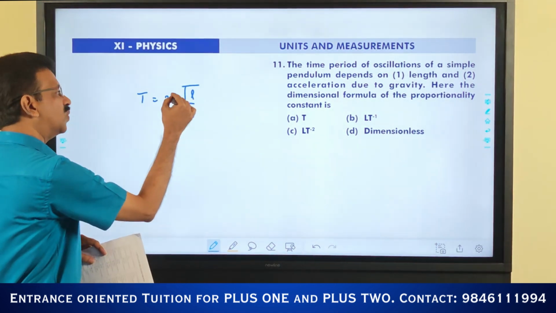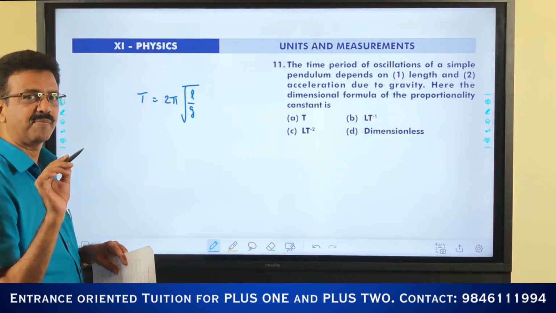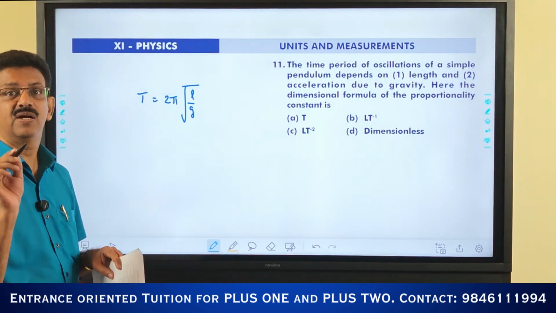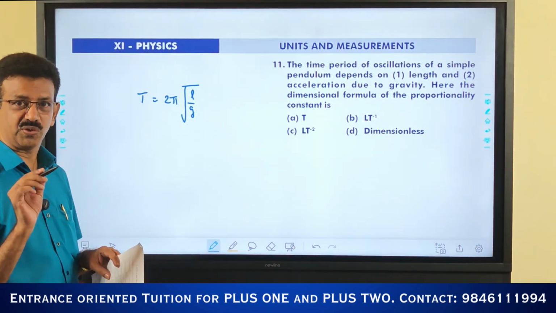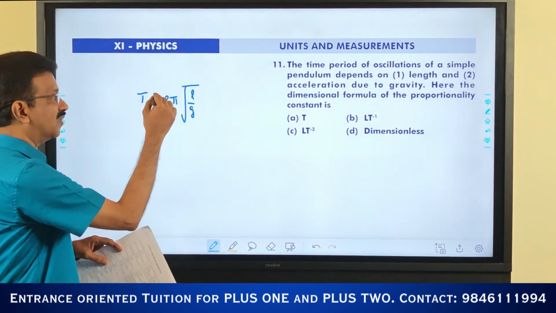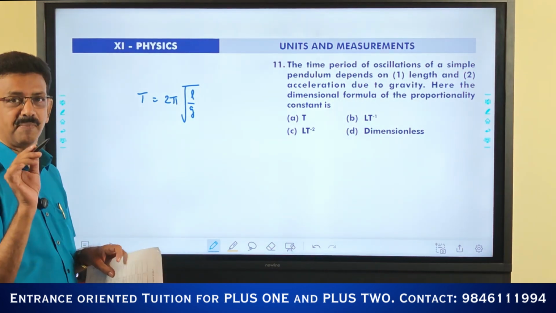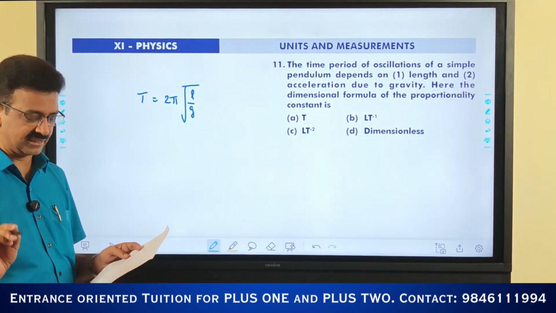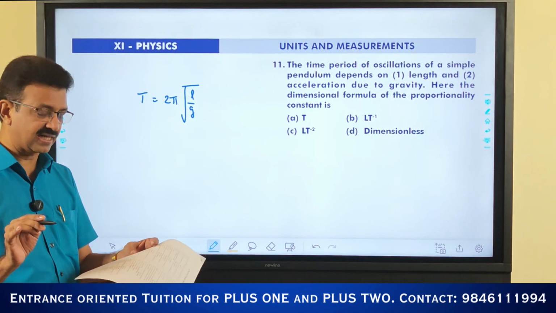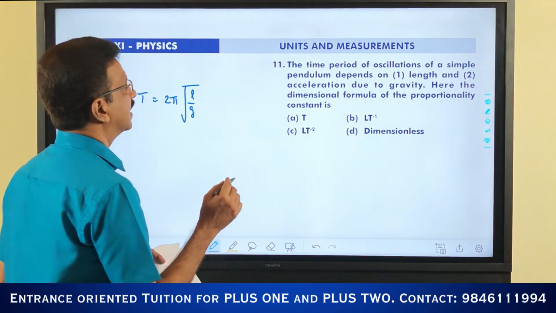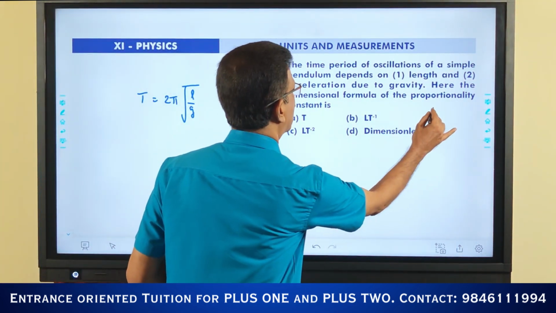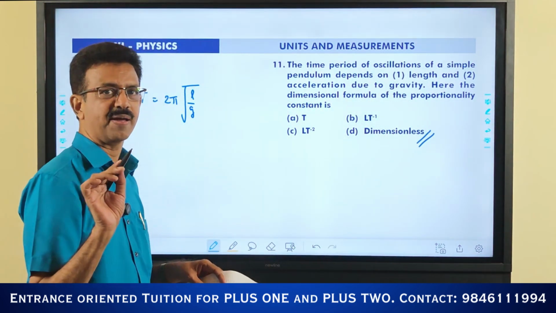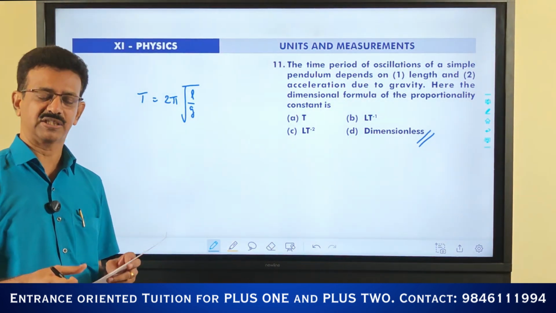Therefore, here, root of L by G will have the dimensions of time. Here, 2 pi is a dimensionless constant. Root of L by G will have the dimension of time, means the proportionality constant 2 pi is dimensionless. Therefore, here the answer is D. That is, the dimensional formula of the proportionality constant is dimensionless. It has no dimensions. We'll go to next question.